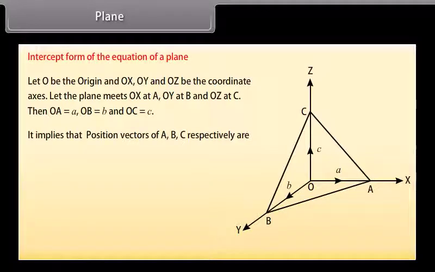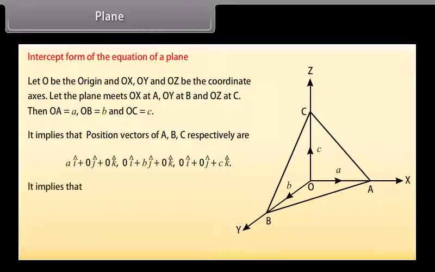It implies that position vectors of A, B, and C respectively are a i cap plus 0 j cap plus 0 k cap, 0 i cap plus b j cap plus 0 k cap, and 0 i cap plus 0 j cap plus c k cap. It implies that the equation of the plane is x by a plus y by b plus z by c equals 1.